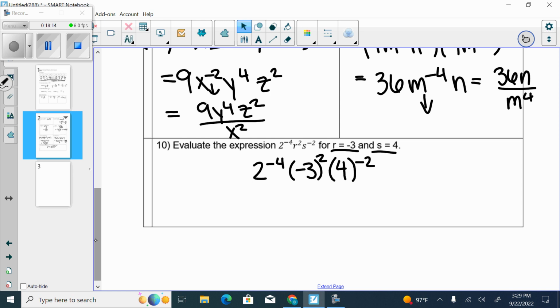So are there any letters left here? No. So I can actually type this in my calculator exactly as we wrote it here, and it's going to give me the solution. So type it exactly like we did here, parentheses and all.